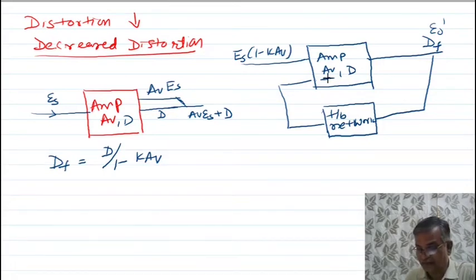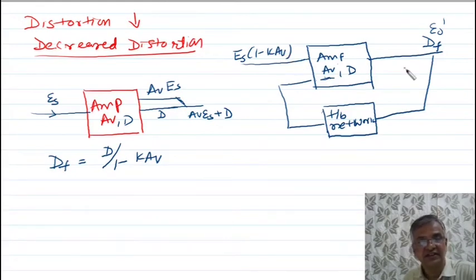Listen again. The gain decreases by how much? 1 minus KV times. So the output decreases. If you want to get the same output, EO dash and AV ES the same, then the input of this circuit increases by 1 minus KV times, or the gain should increase by 1 minus KV times.